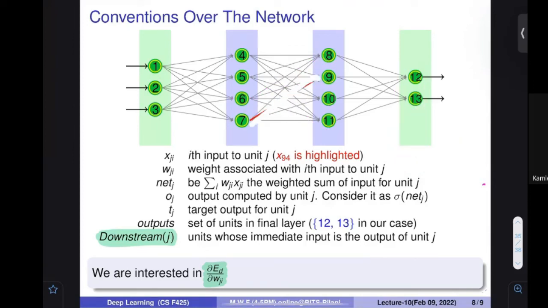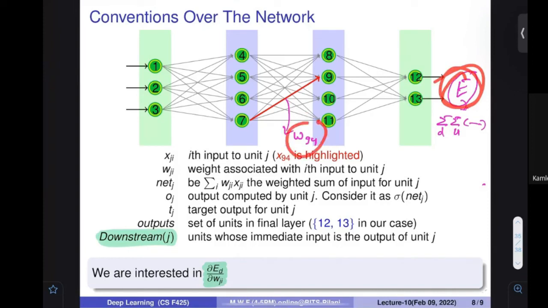For example, take the weight W94. The error you have defined is the summation over all the data points and over all the units of target minus output squared. You want to find the derivative of this quantity with respect to this particular weight.